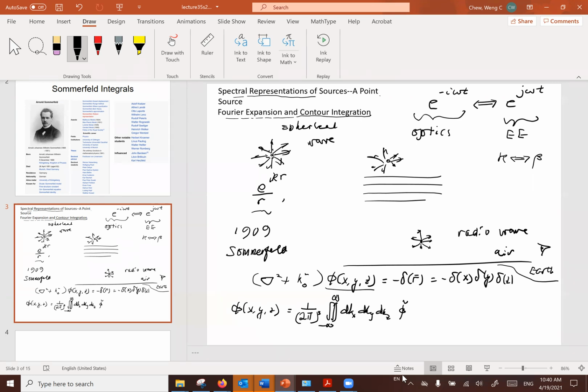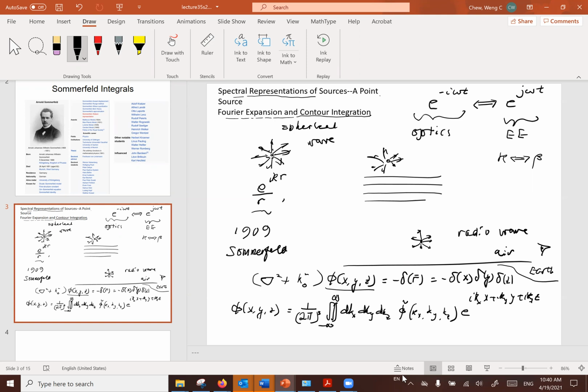I will call the Fourier transform phi tilde. It would be in terms of kx, ky, and kz variables. And then I can write in terms of Fourier integrals, kx x plus ky y plus kz z.